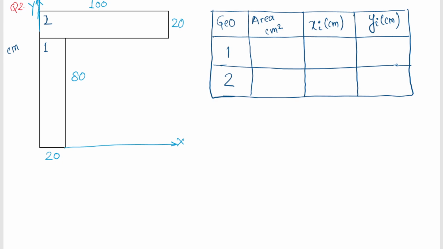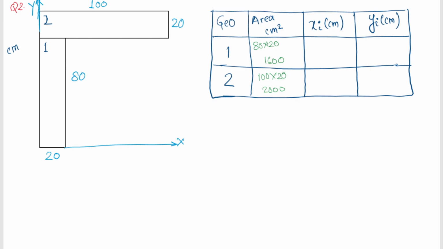What is the area of first geometry? So height is 80, breadth is 20, so 80 into 20 is 1600 centimeter square. And for the second, area is 100 into 20, that is 2000 centimeter square. Now x1 is the centroid of the first geometry with reference to the reference axis.